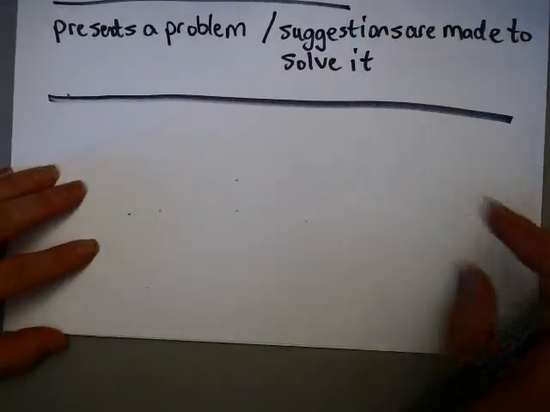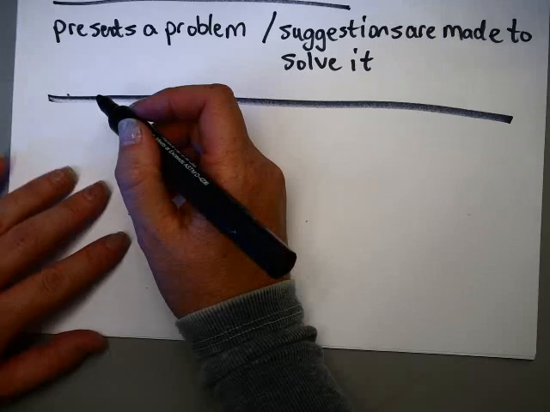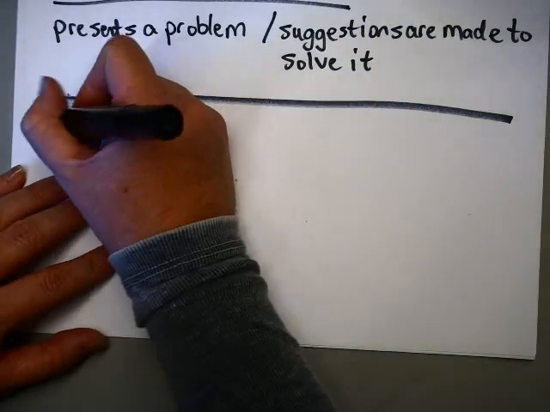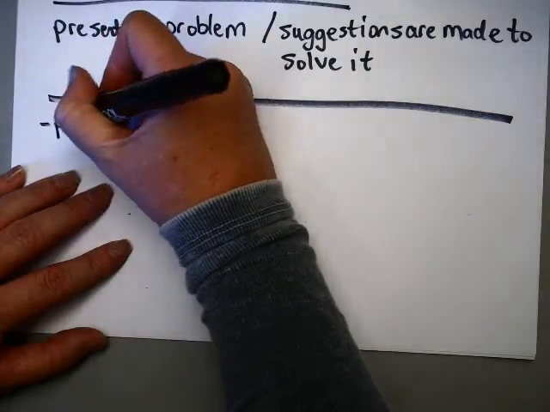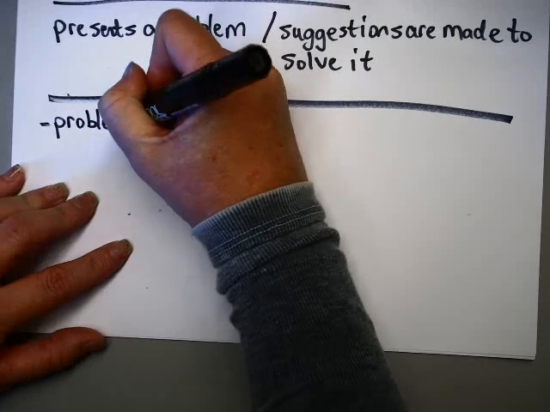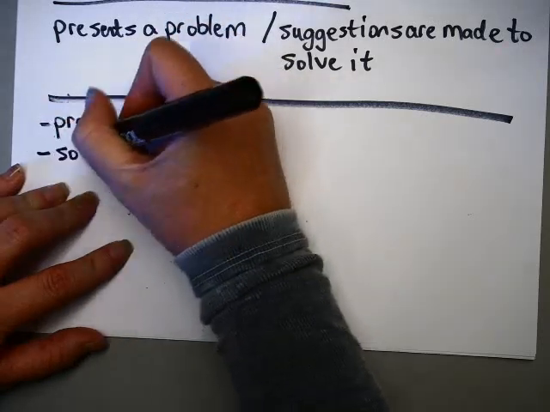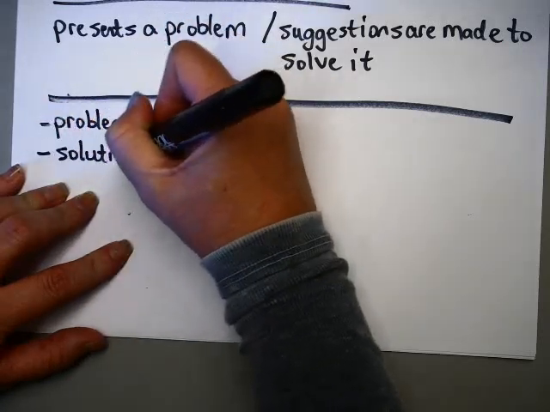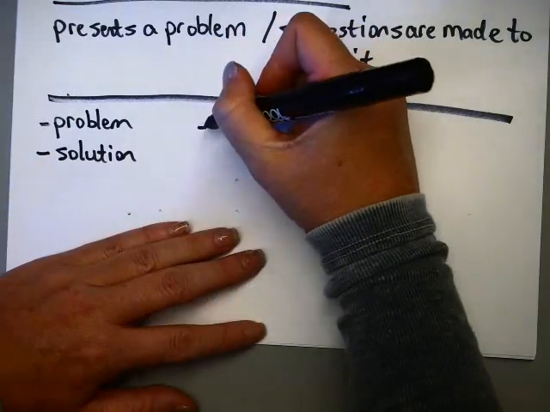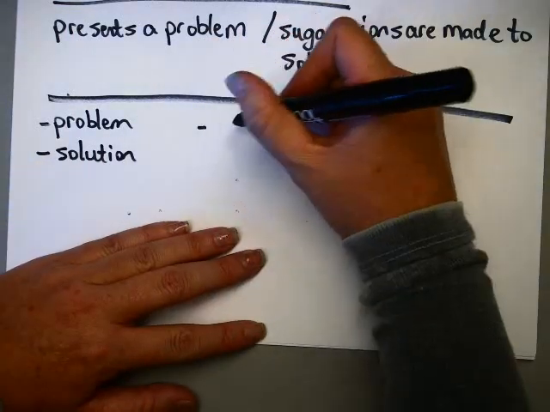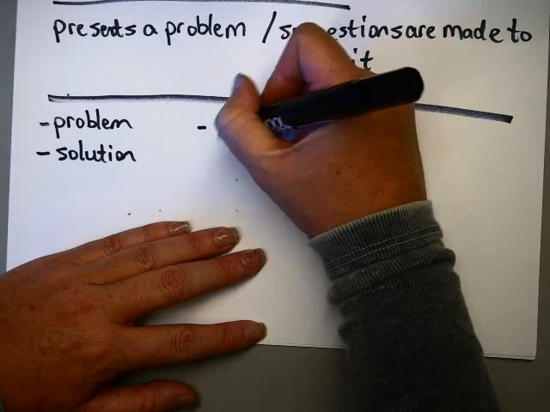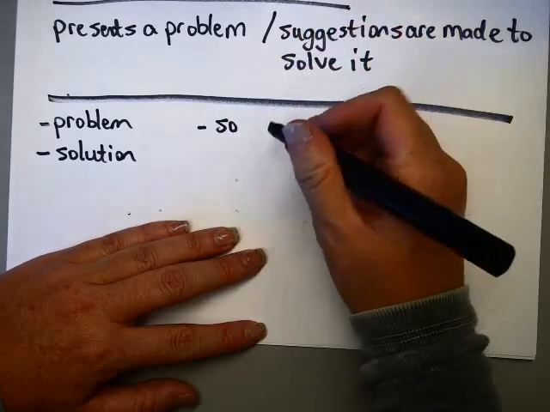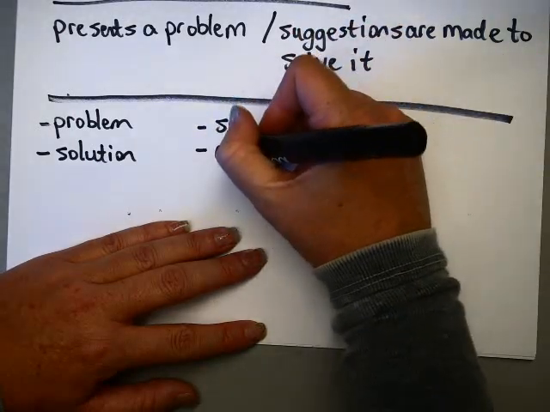Okay, so some of the words that you might want to look out for with problem and solution are the words problem and solution. You're probably going to see those, or at least synonyms for them. You're probably going to see words maybe like so, or the answer.